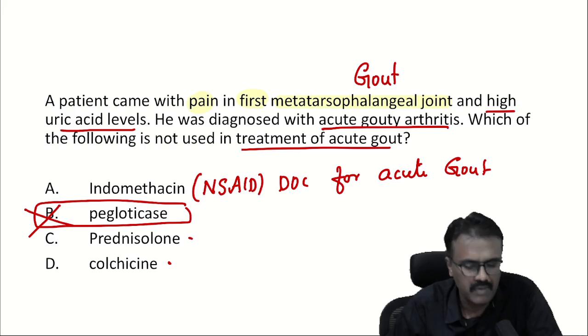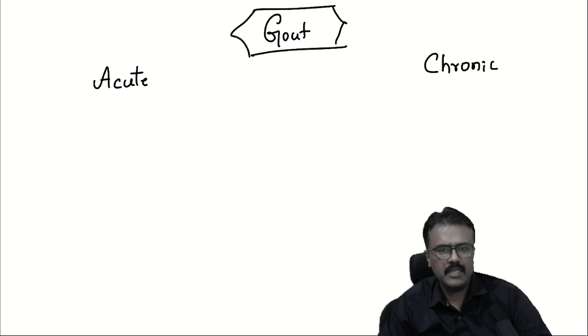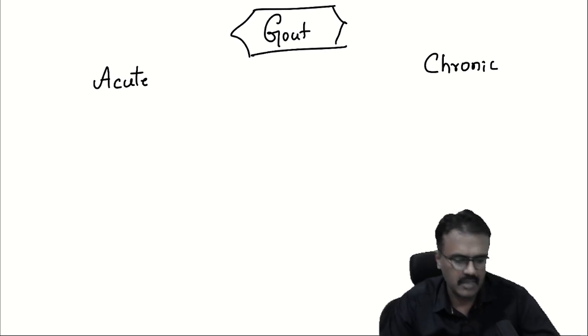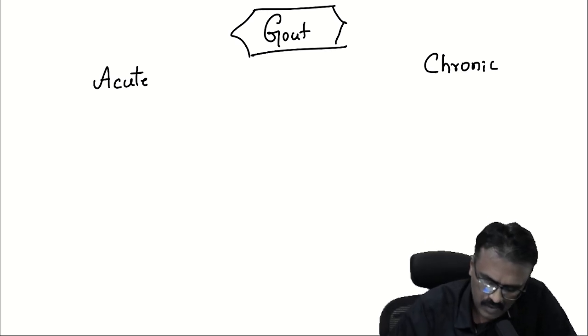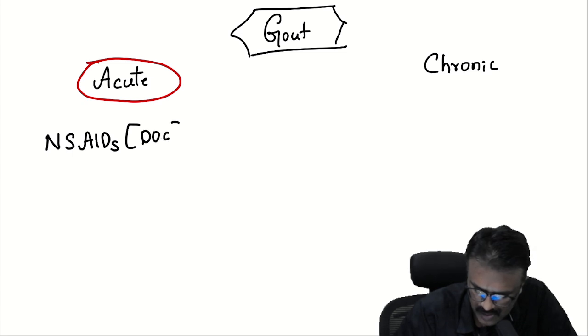So what should I learn from this? Drugs used in gout. Very, very important topic. Tested frequently in your FMGE exams. Gout, small topic. What are the drugs used for acute gout? Acute gout, the drugs of choice are NSAIDs. They are the drug of choice. Then we can use colchicine.